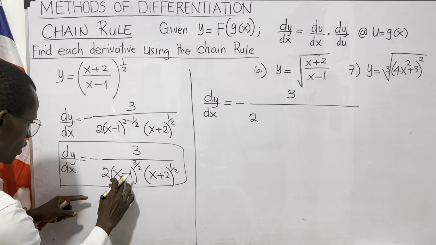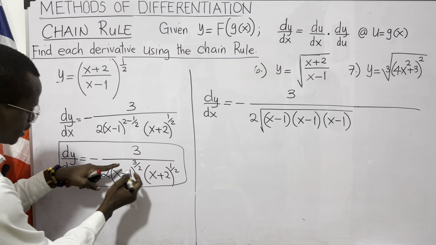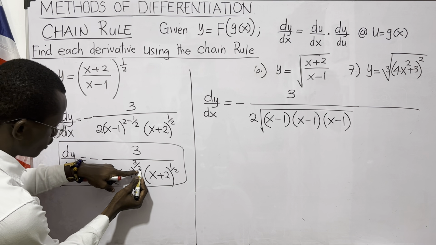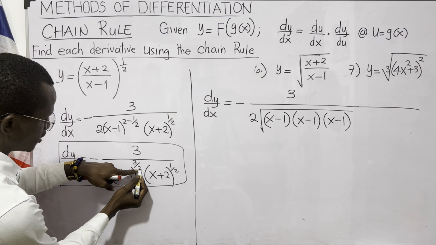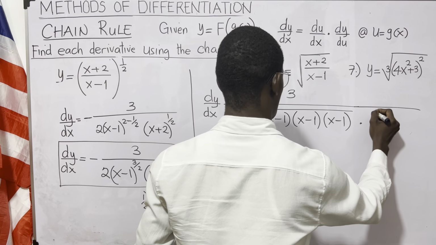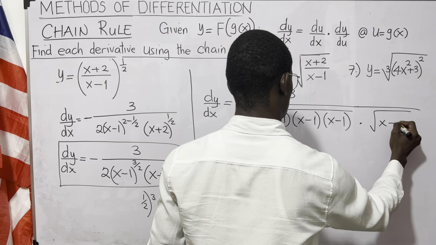That's exactly what it means, because the number in the denominator represents the root. So it's like 1 over 2 raised to the third power. So there it is, times the square root of x + 2.